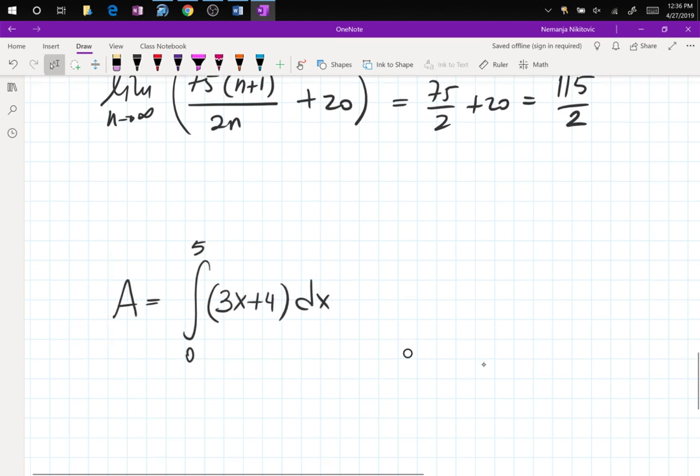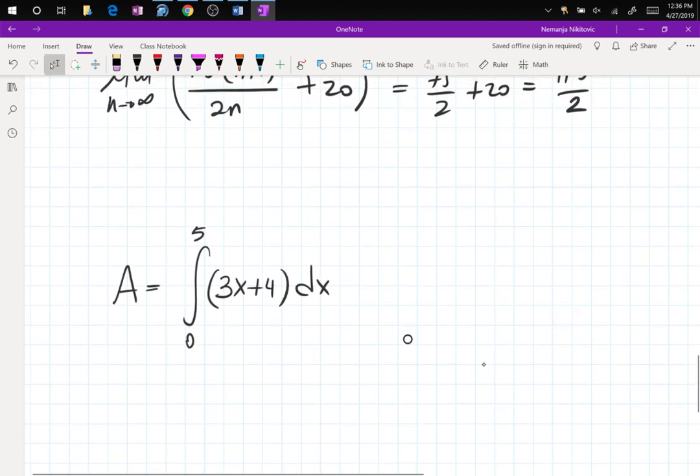So now, when you have this thing, you do your regular integration. What's the integral of 3x? It's 3x squared over 2 plus 4x, and this is new now, no plus c, we put the vertical line, 0 to 5. So now, I will give the formula for this.